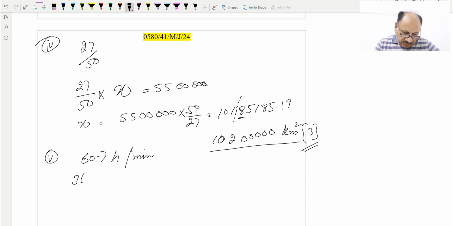So for 365 days we need to calculate the area lost. So 60.7 multiplied by 365, but we need the area per minute.